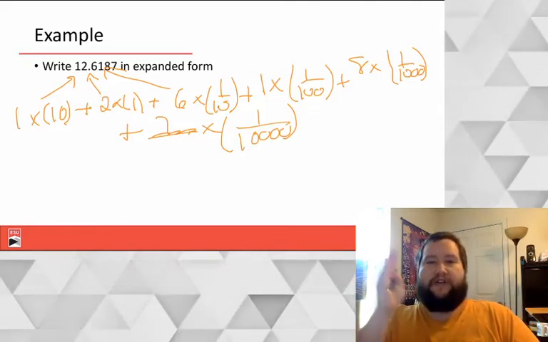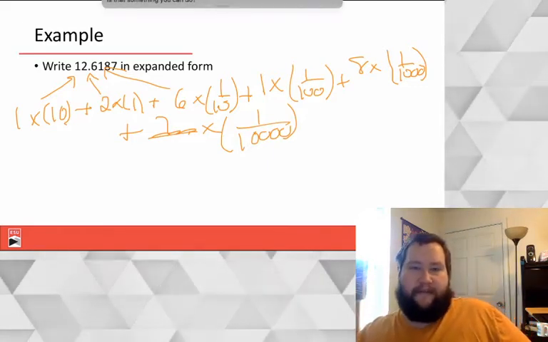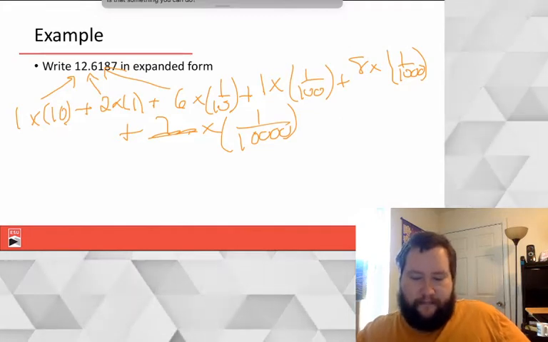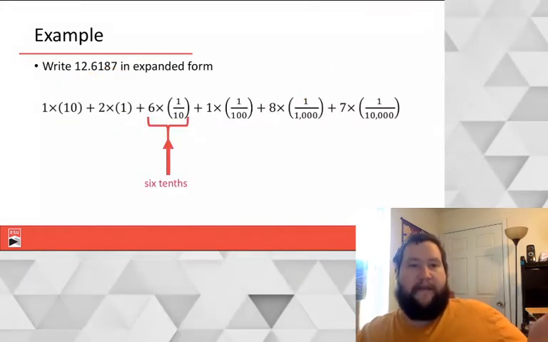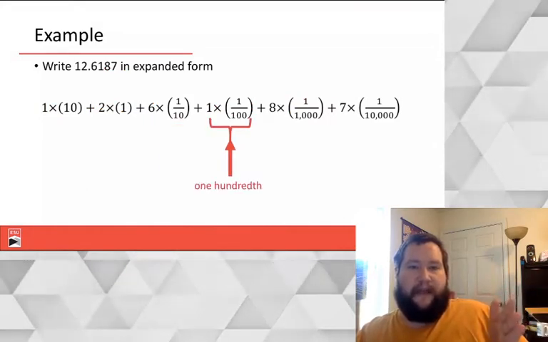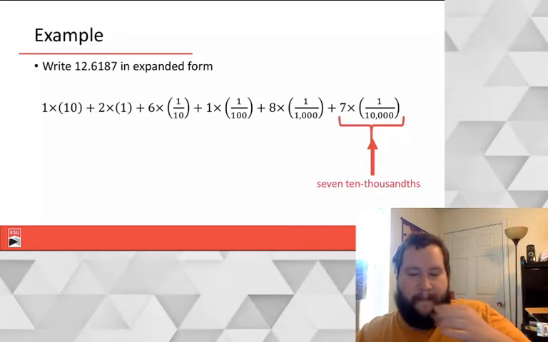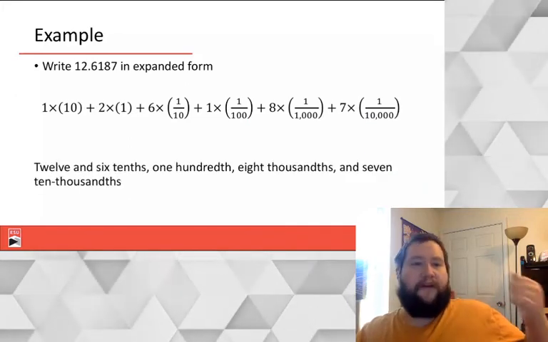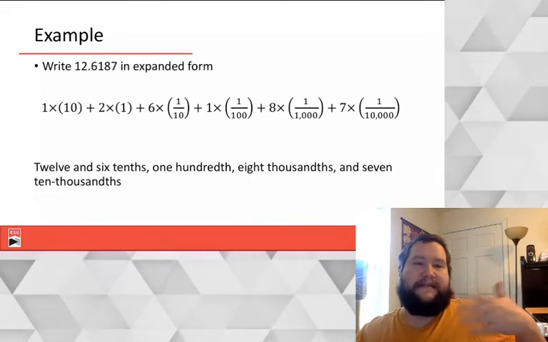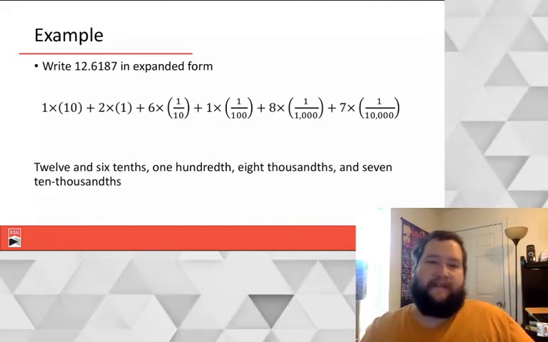Because as we march along, each part is a tenth of the size it was previously. And so here I have it marching through 6 tenths, 1 100th, 8 thousandths, 7 10,000ths. And so in words, it's 12 and 6 tenths, 1 hundredth, 8 thousandths, and 7 10,000ths.